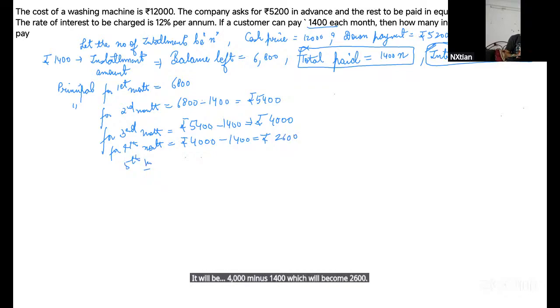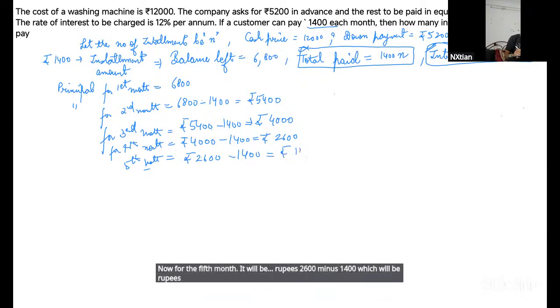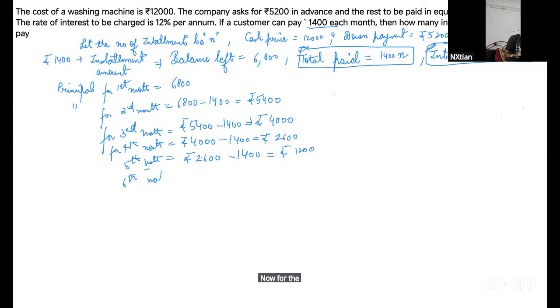Now for the fifth month, it will be 2,600 minus 1,400, which will be 1,200. Now for the sixth month, 1,200 is there minus 1,400, which will become nil. Nil means now there is no amount left.